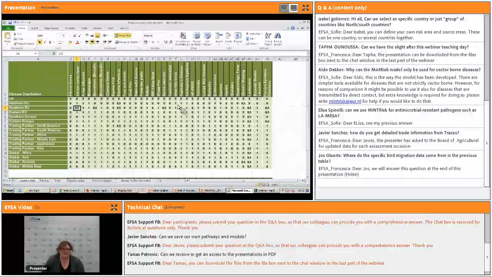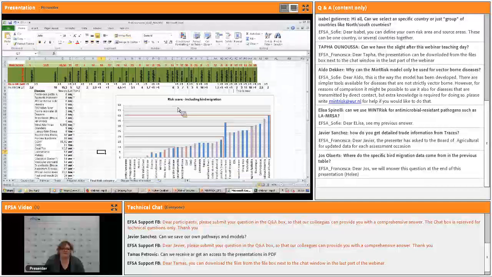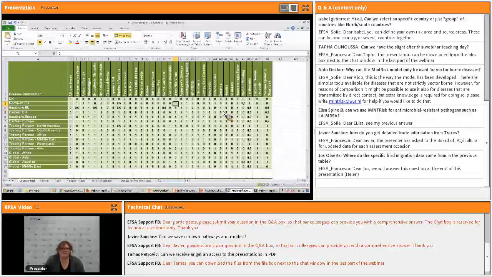If I take another disease, for example, West Nile virus, then again, I'll just reset that. I was playing with it before. At the moment, the disease is down here. It's got a negligible risk of incursion into the UK. So what I'm going to do is say that we have disease present in horses in the northern EU.